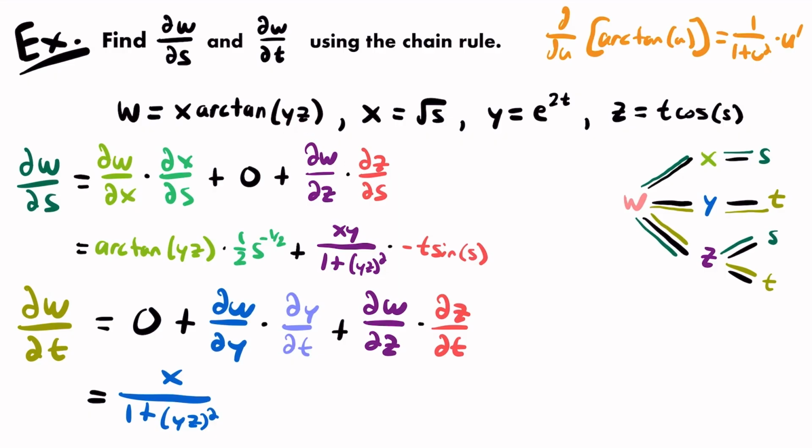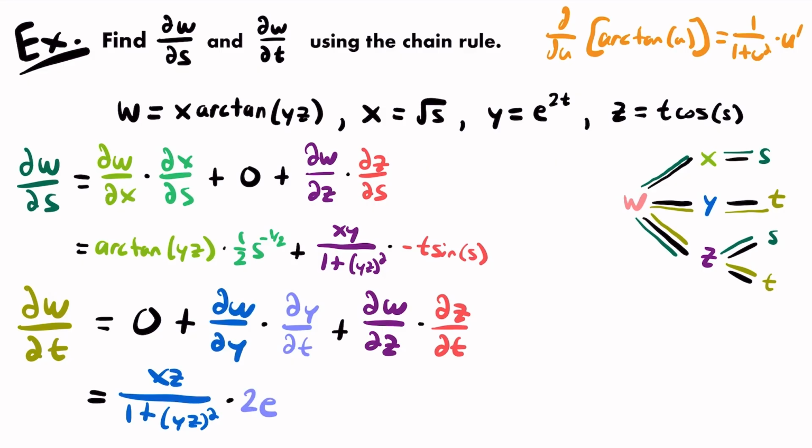So in the numerator, instead of just x, we will have x times z. All right, and then that will be multiplied by the partial derivative of y with respect to t, and y is equal to e to the power of 2t, and so the derivative of that exponential function would be itself, but then multiplied by the derivative of the exponent, and the derivative of 2t is 2.